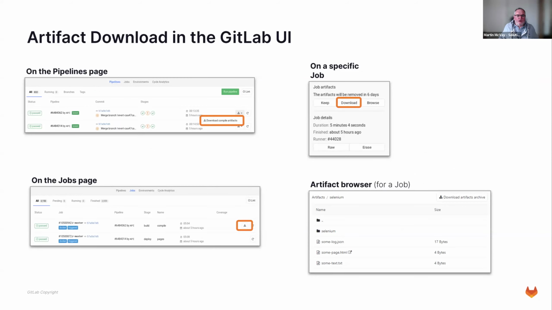We can also go to the jobs page itself and select a job that occurred as part of the CI pipeline and download artifacts from that for specific jobs. We can also look at the artifact browser in a job and see what is actually included in those. So there's a number of ways in which we can download those things, and a number of ways in which we can see what's inside those as well.